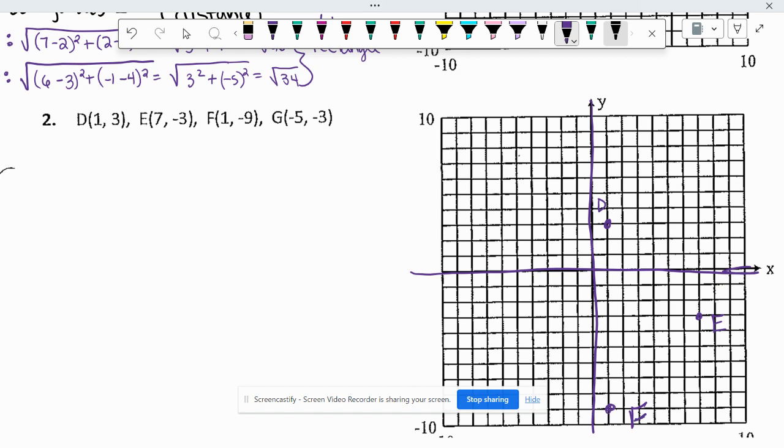And G is the ordered pair -5, -3. So D, E, F, G, back to D. So that was our first step. Graph. Done. Okay. Now what are we going to do?